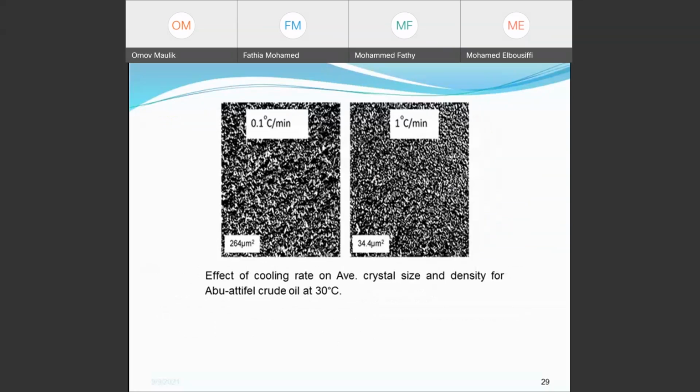Decreasing the cooling rate, meaning extending the cooling time, gives more time for crystals to grow in size.